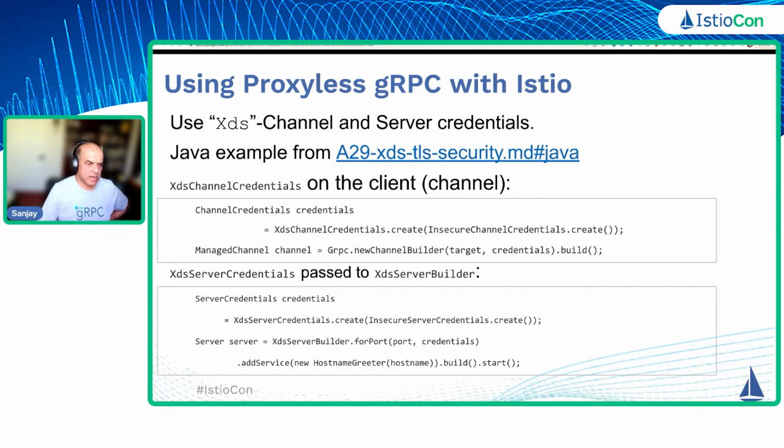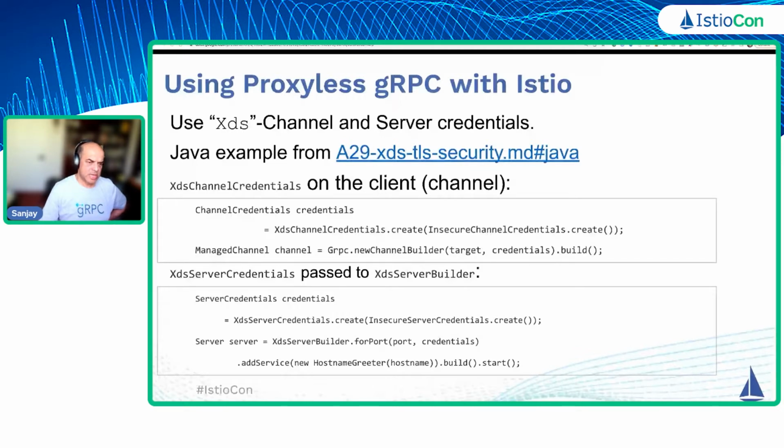So let's look at the client-side usage first. There is an XDS channel credential that you supply to your channel builder, and this credential tells gRPC to use XDS supplied security configuration. On the server side, there is a similar server credential that instructs gRPC to use XDS supplied security configuration to the server.